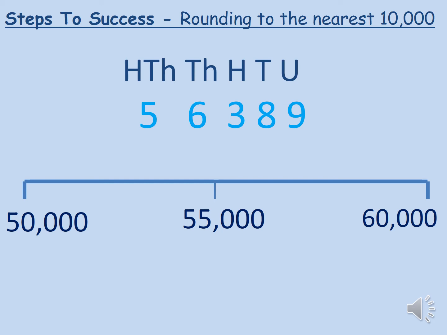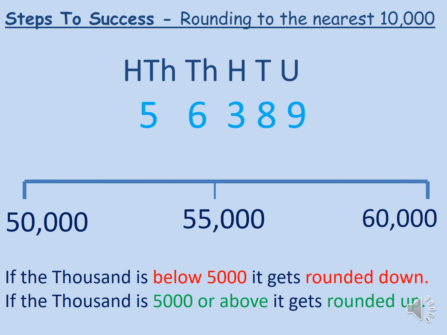If we're looking at the 10,000s this time, this number sits between 50,000 and 60,000. So let's look at the thousand column. It's got a 6. Now we know that anything below 5 gets rounded down. It's above 5, so we are going to round up, and our number now is going to be rounded to 60,000.